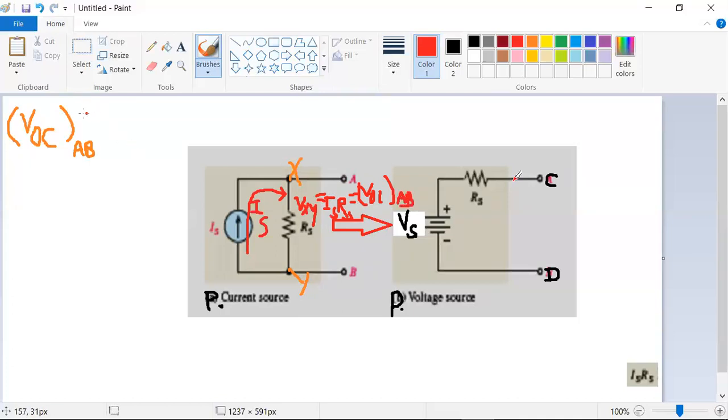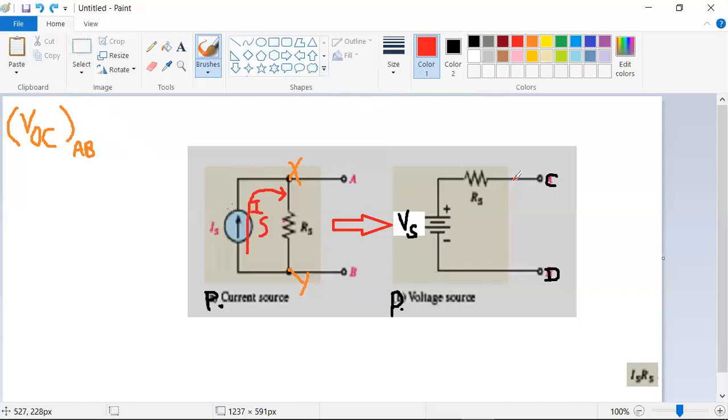Hence the voltage Vxy is nothing but VAB. Then Vxy equals VAB.